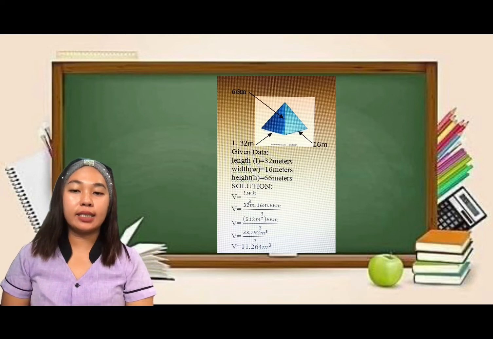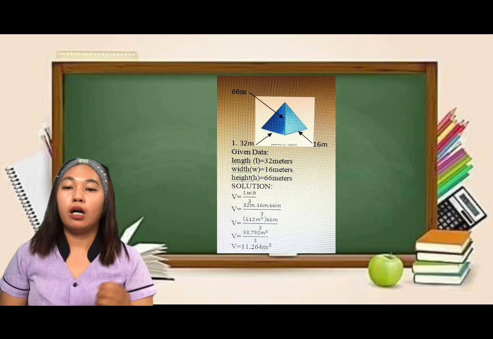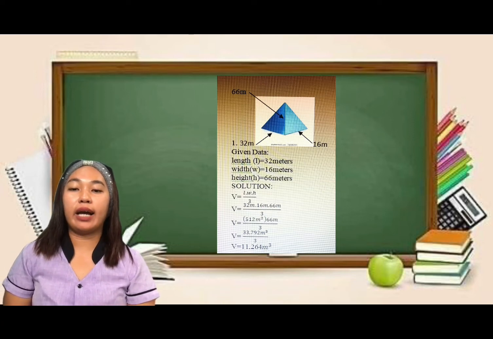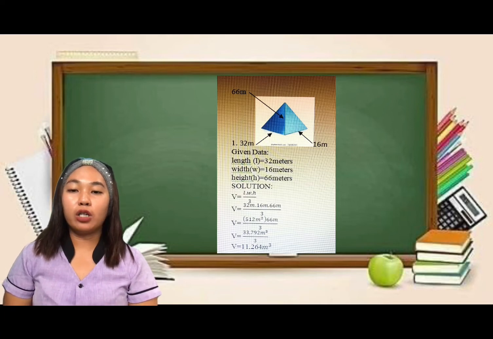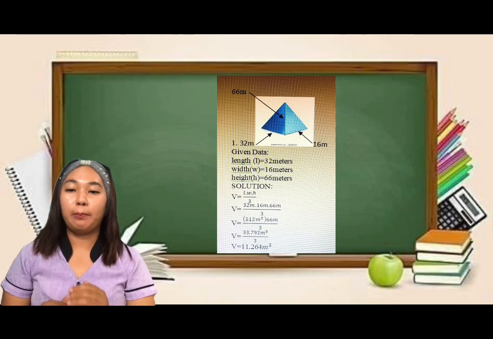Multiplied by 66 meters, we have 33,792 meters cubed. And we finally divide it by 3. So the volume of the pyramid is equal to 11,264 meters cubed.